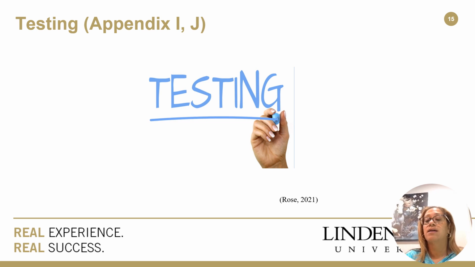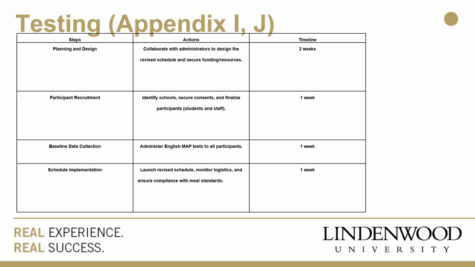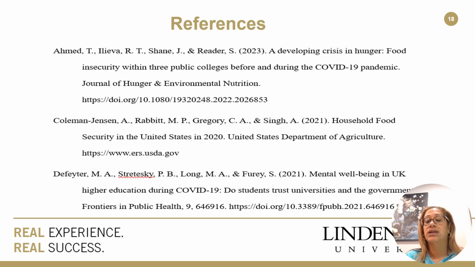Iterative refinement. Based on findings, refine the schedule prototype and explore factors contributing to observed outcomes. The implementation plan spans 8 weeks, detailed in the table below.